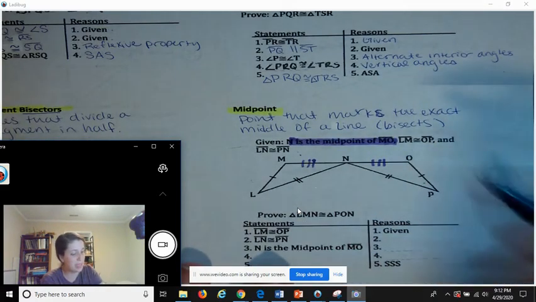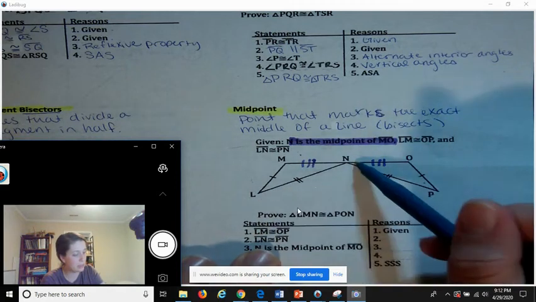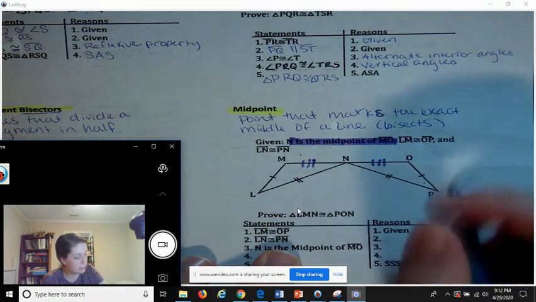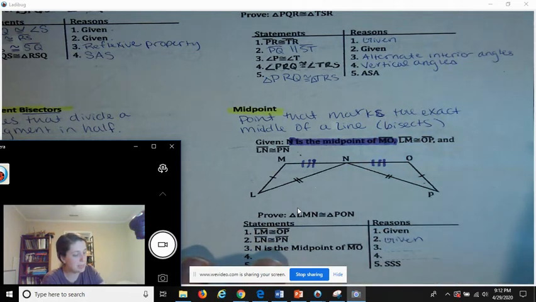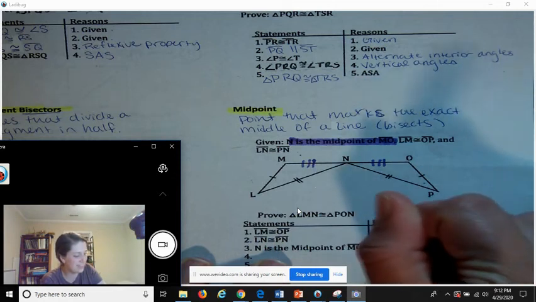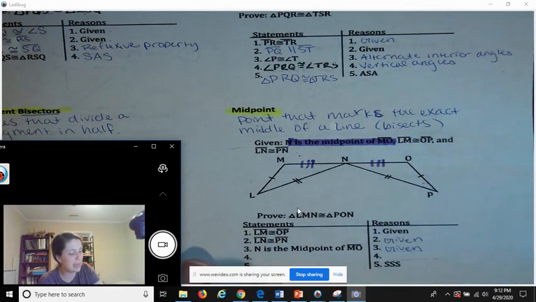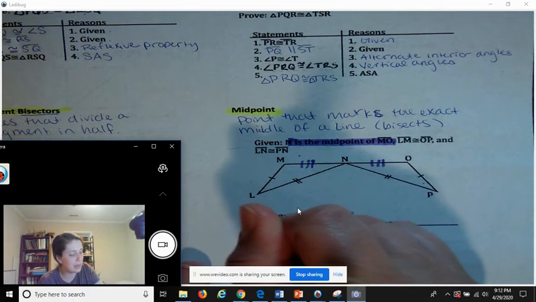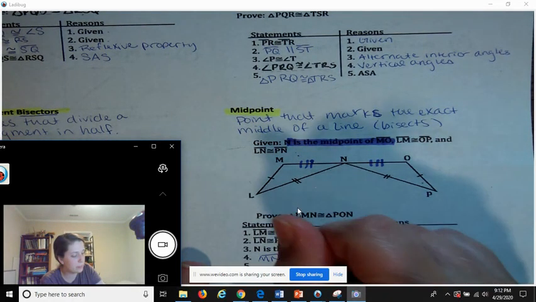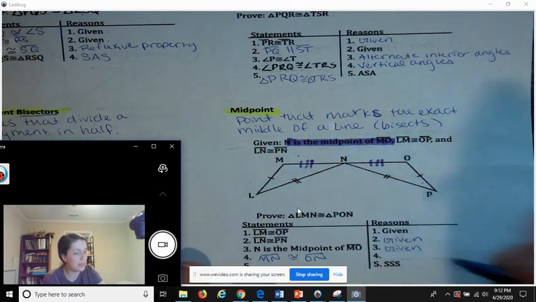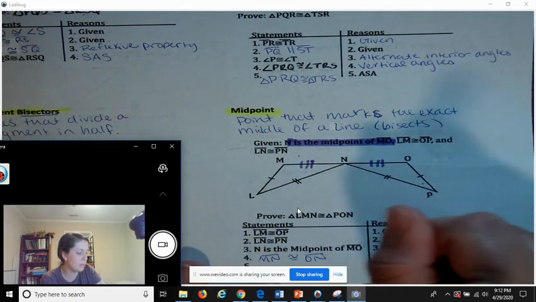Okay, so we have that LM is congruent to OP. That's given. LN is congruent to PN. That was given. N is the midpoint of MO was the last piece of information given. Okay, now we can say that MN is congruent to ON by the definition of a midpoint.